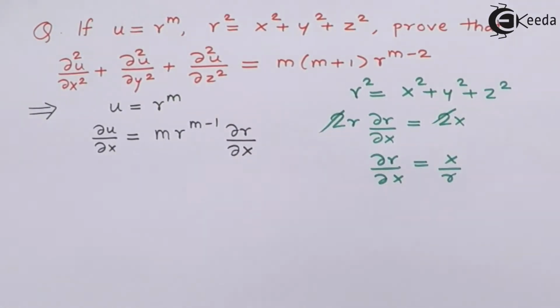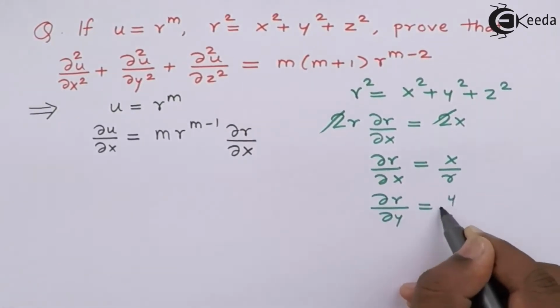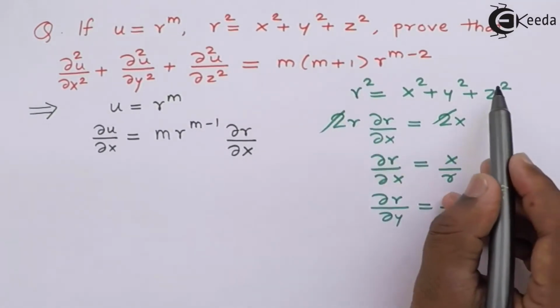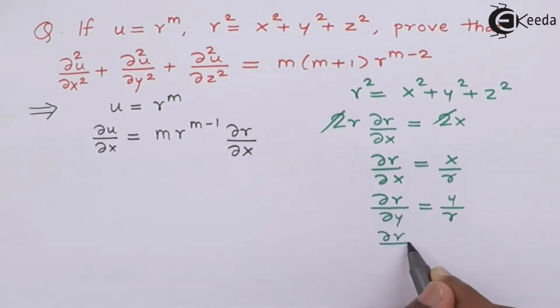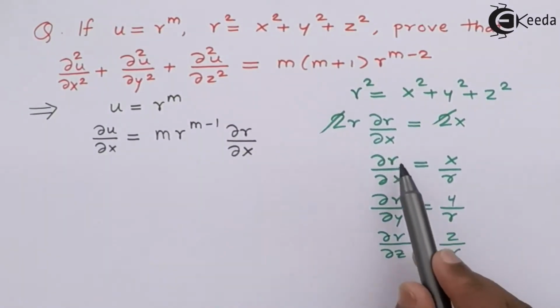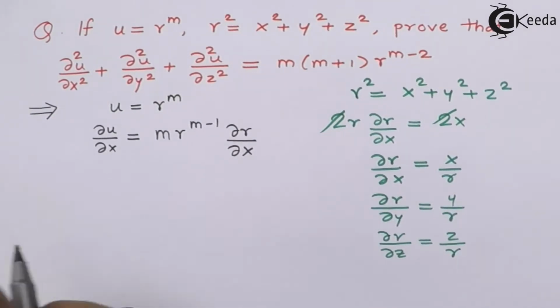Now guys, similarly we'll find out the value of del r by del y. So that will be y upon r, because for that we will differentiate this equation with respect to y partially, and now del r by del z is z by r. Now guys, the value of del r by del x is x upon r, so I'll put this value over here to get the value of del u by del x.